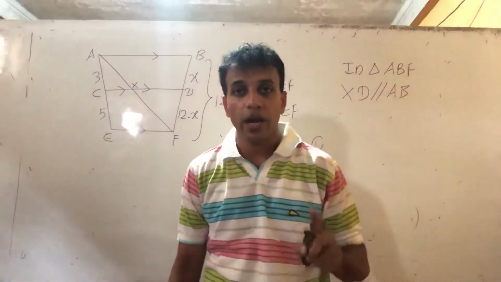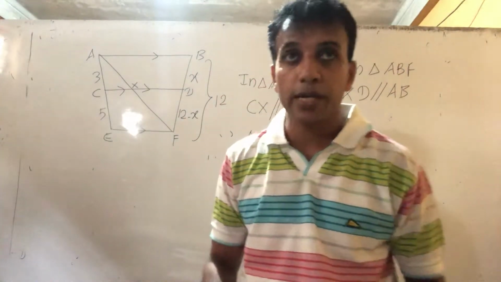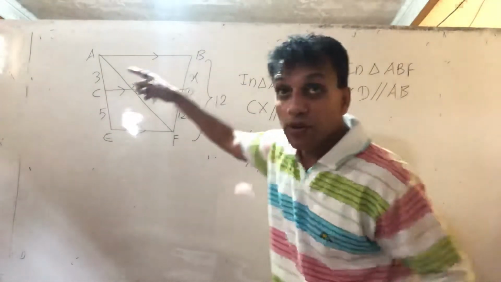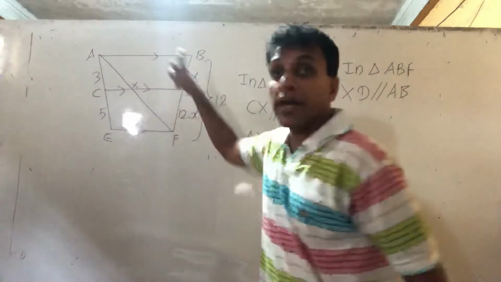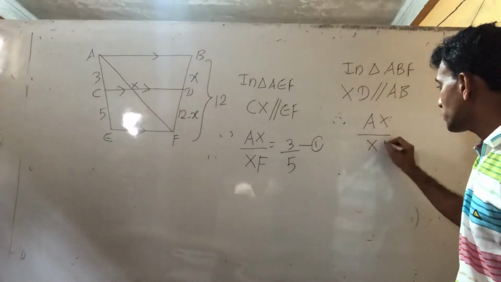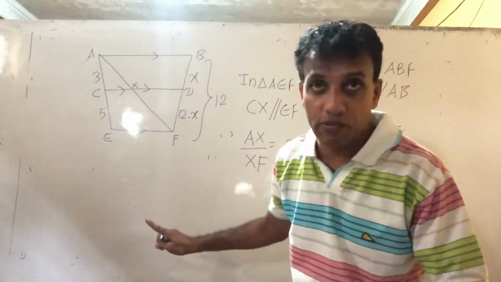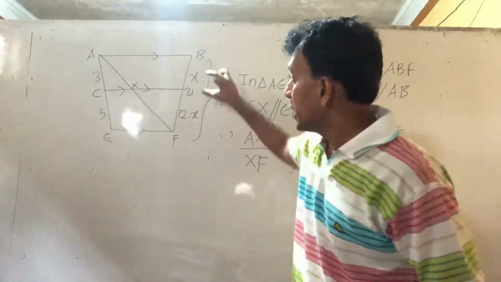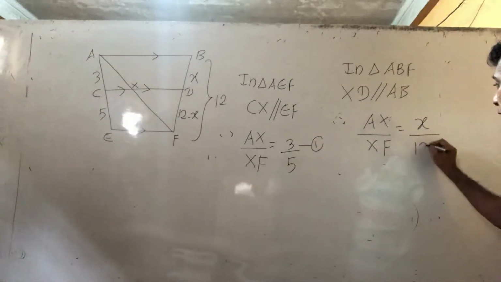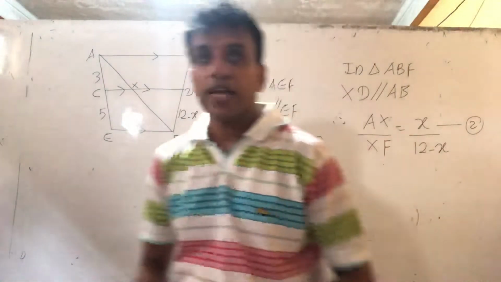In a triangle, a line parallel to one side divides the other two sides proportionally. Therefore, write that. See once again, AX to XF equal what? BD is to DF. If you complete the diagram, X over 12 minus X. Say second equation. Nice work, nice problem.